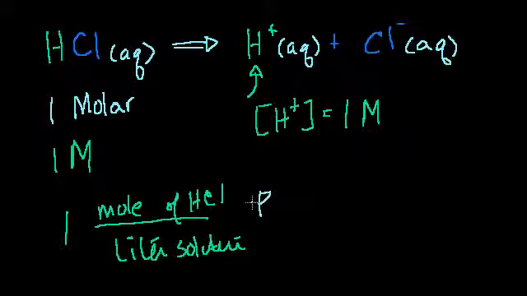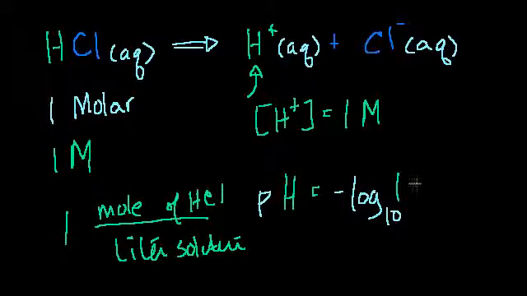So the pH is going to be equal to the minus log base 10 of our hydrogen concentration of 1, which is equal to... 10 to the what power is equal to 1? Well, anything to the 0th power is equal to 1, including 10. So this is equal to 0. Minus 0 is just 0.